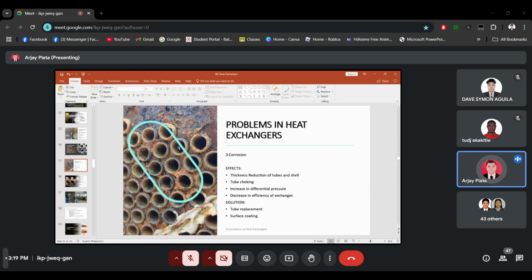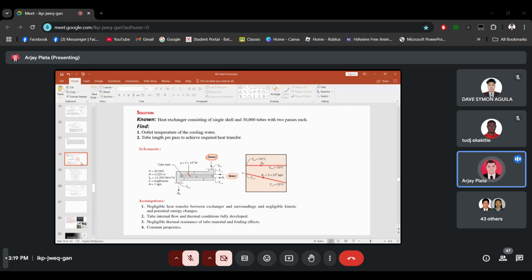It is very crucial since it affects the performance of a heat exchanger, so we have to eliminate that problem. But in our calculation, we do not consider the fouling effects. Additionally, there are constant properties.